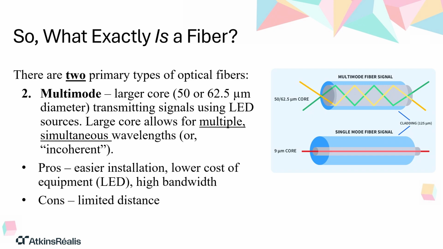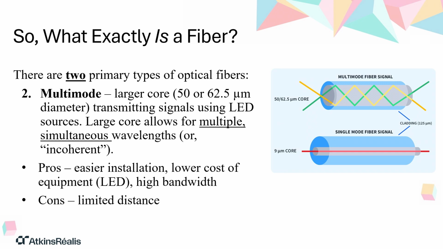Some of the pros with multimode are it's easier to install and it has lower cost of the networking equipment. LEDs tend to be cheaper than laser sources. One of the major cons with multimode, though, is it has a limited distance as opposed to single mode fiber optics.